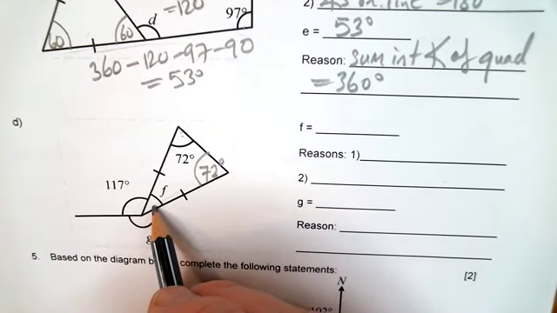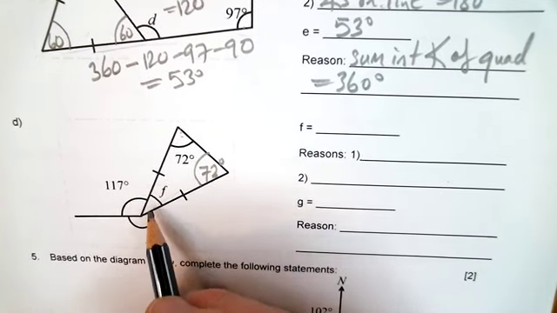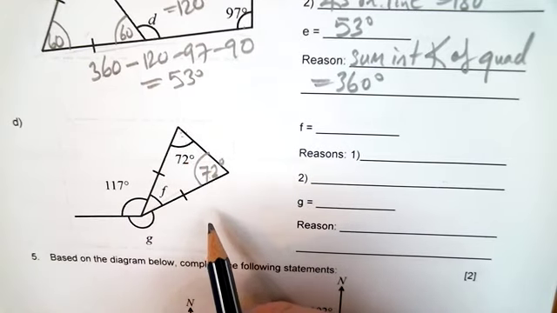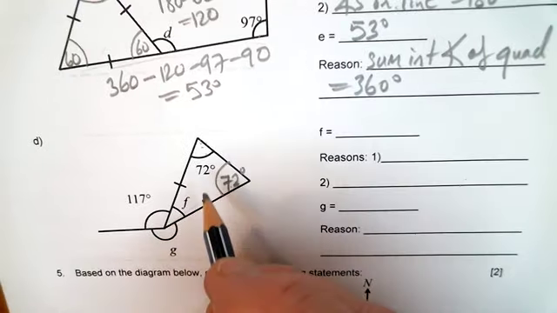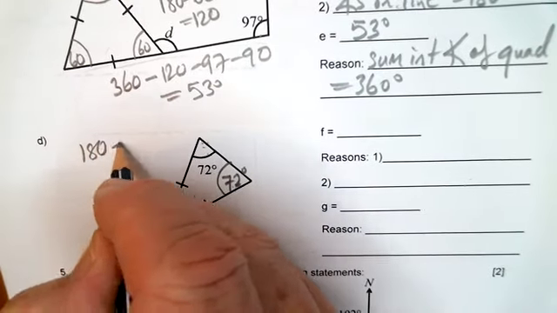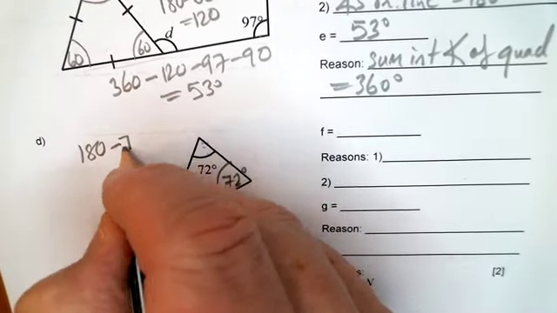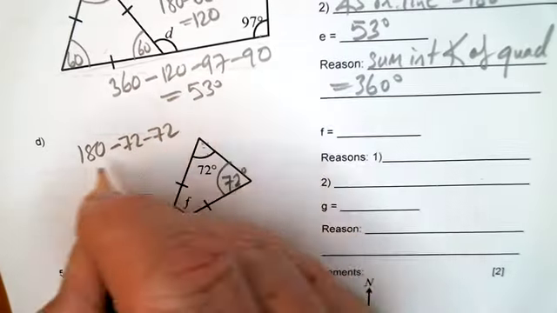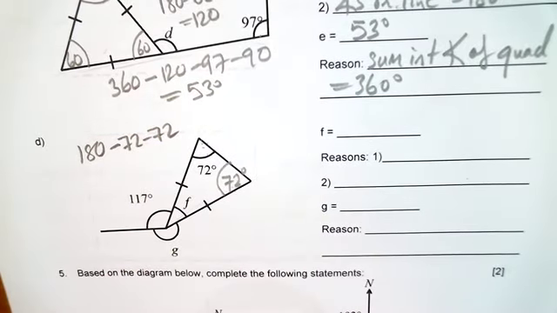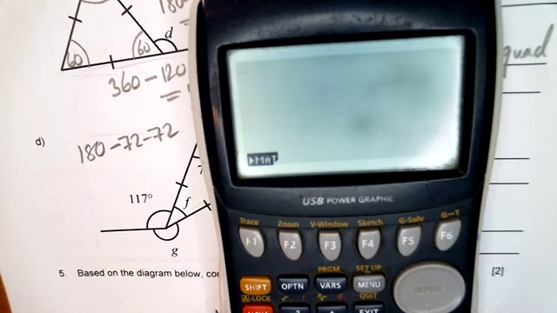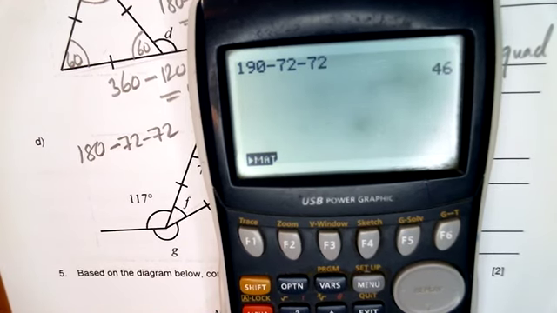And therefore F is going to be 180 minus 2 lots of 72. So let's see. So the first one is this one here. So I'm going to take 180 and I'm going to take off the two angles here, which is minus 72, or you could say minus 2 lots of 72. So let's do that now. So we've got 180 minus 72 minus 72, and you've got 36 degrees.